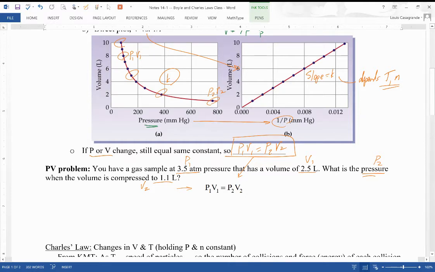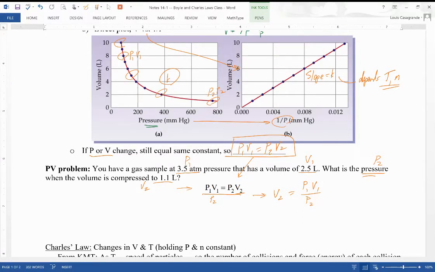So I'm going to take my equation, and one of the things I want you to start doing is, rather than plugging the numbers in right away, rearrange and solve for what you're missing. So since we're trying to find V2, let's divide everything here through by P2. Oh, I didn't want V2, I'm sorry.